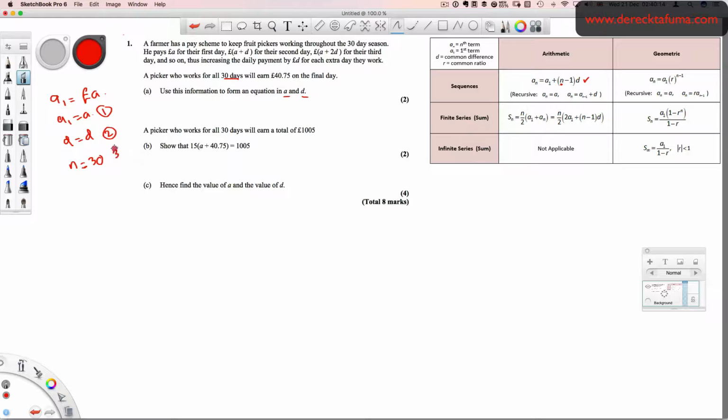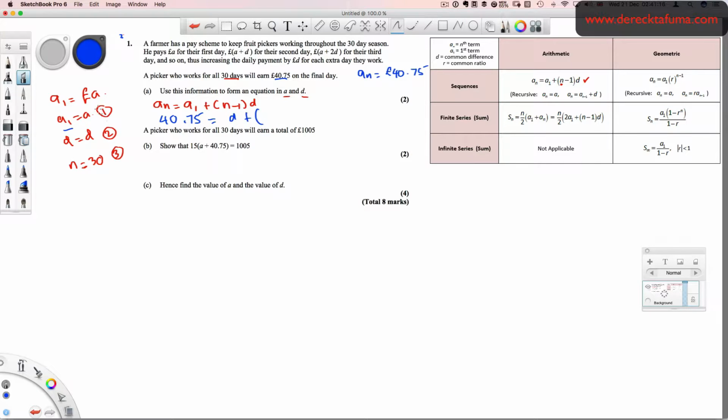We know what D is, we know what A1 is, so we've got A1, we've got n, and we've got D. All we need to do is say A sub n equals A1 plus bracket n minus 1 close bracket D. A sub n is the nth term, which is £40.75.